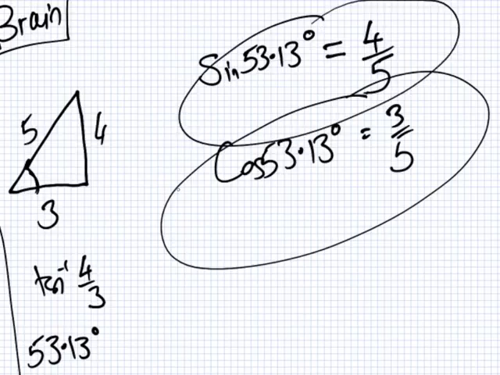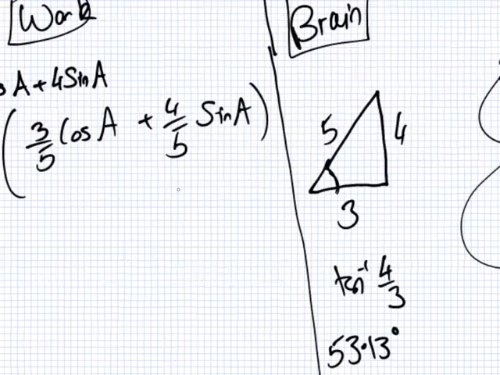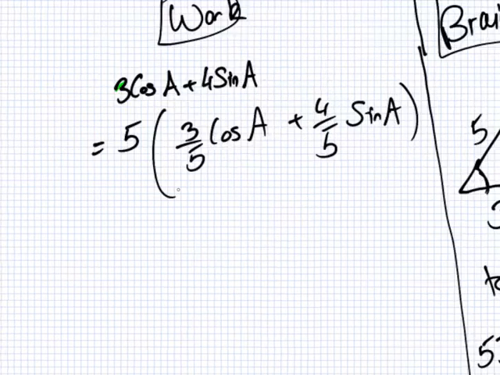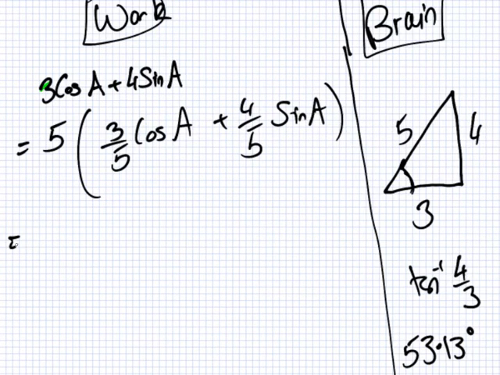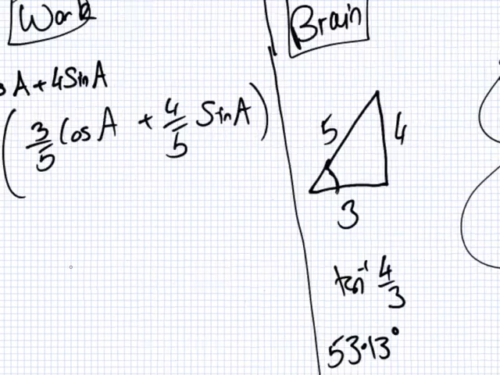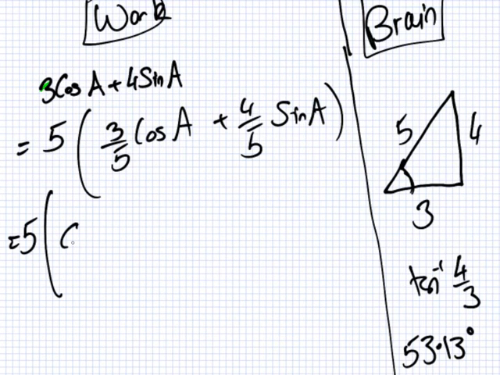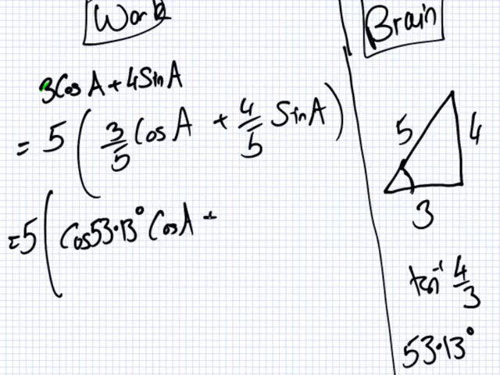So now let's go back to the question. Do we have a 3 over 5 and a 4 over 5? Yes. The first one is a 3 over 5. So we think, well, 3 over 5, that is exactly the same thing as cos 53.13 degrees, cos A. And what's 4 over 5?